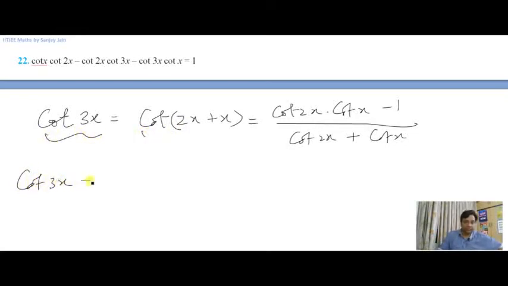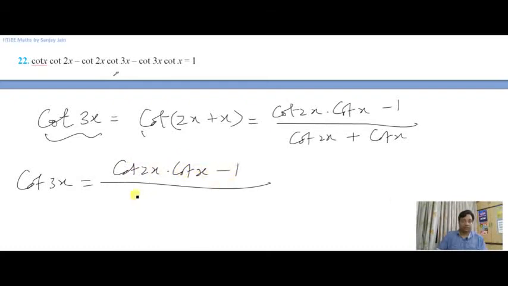Cot 3x is equal to, this is a similar question like we did in tan, right? We applied a formula for tan, and then by basic manipulation we could show that there was a similar identity in case of tan also. These were not exactly the same question, but there was a similar manipulation. So cot 3x is equal to (cot 2x into cot x minus 1) divided by (cot 2x plus cot x).